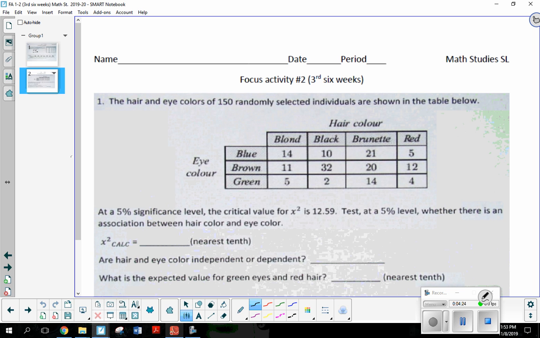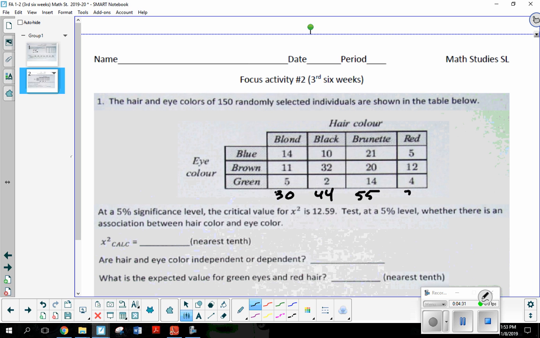So if I took all the column totals, you got 30, I believe that was 44, 55, 21, and then you can take the row totals, 50, 75, that's 25. 30 plus 44 plus 55 plus 21 is 150, as is 50 plus 75 plus 25. Because one of the other things you could potentially be asked is what's the expected value for a certain combination, and that I actually did on here.